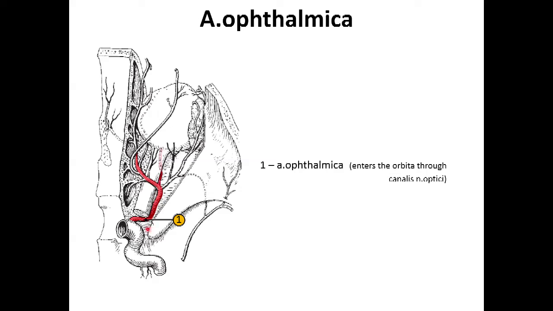And then number two, here it is, this small vessel which enters the nerve, nervus opticus, and then we can find it with a dotted line because it passes inside of the optic nerve. What is it? It's Arteria centralis retinae.